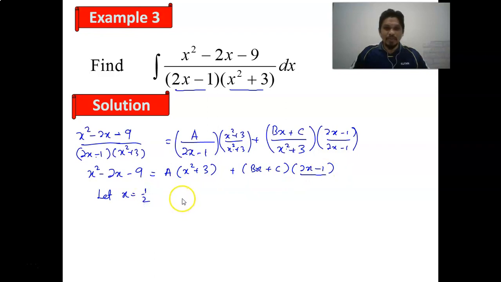Class, for this one, you may use your calculator. Substitute x equal to half here, here, and then find out the solution on the left side. Because 2 times half equal to 1, and 1 minus 1 equal to 0, so 0 times C, 0 times Bx, everything is 0, only A left here.